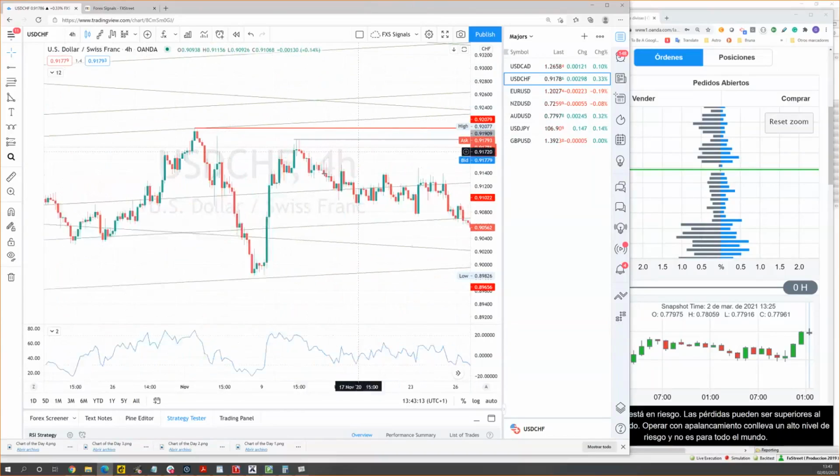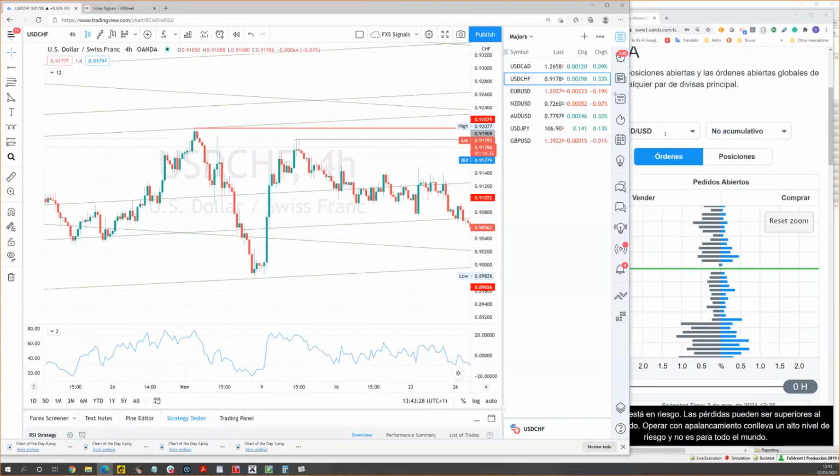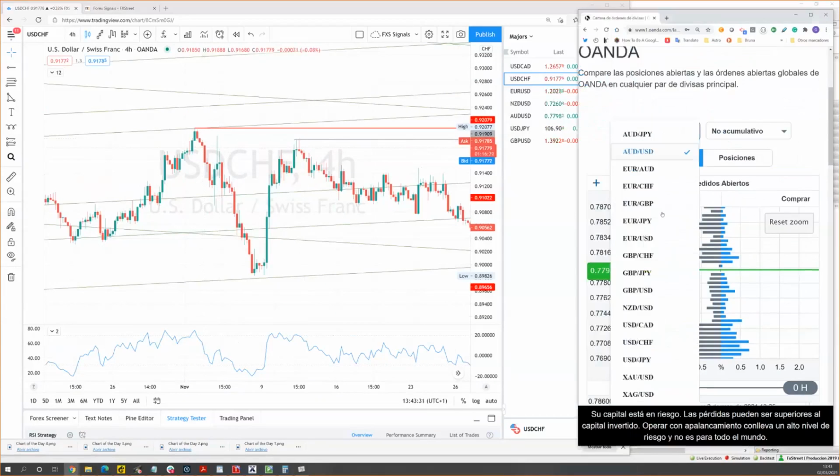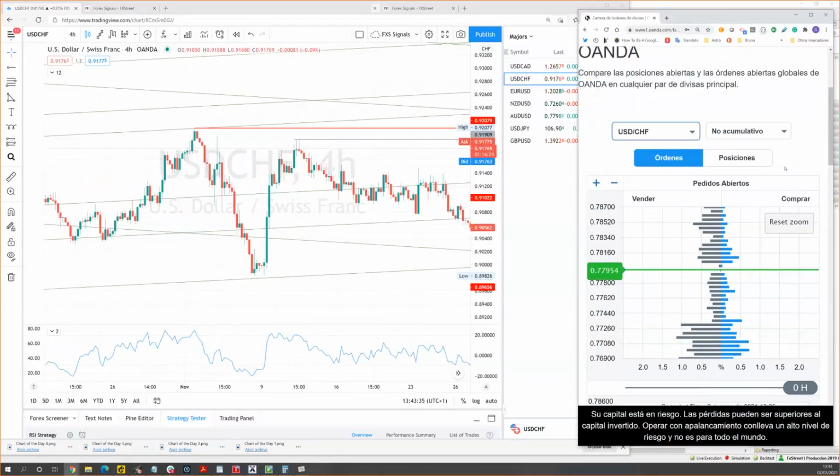So we don't want to use the first layer of resistance to enter. We go to the round figure, and in this case we also used the order book to find that level.